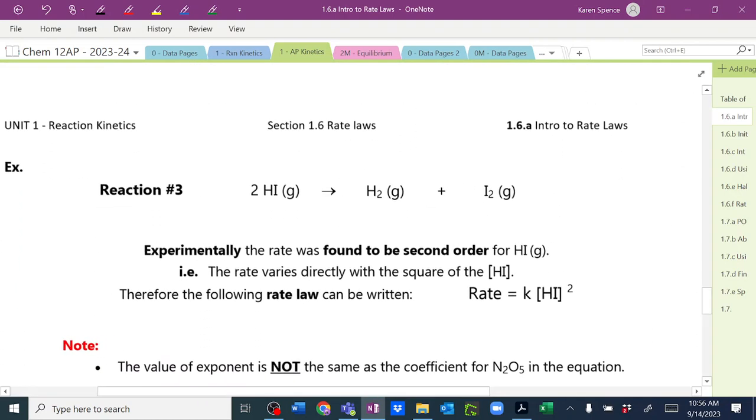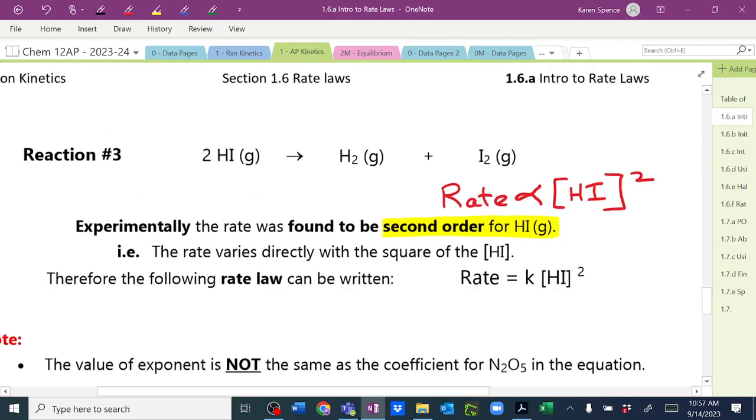Reaction 3. Experimentally, the rate was found to be second order with respect to HI. That means that rate is proportional to what? Concentration of HI to the power of 2.